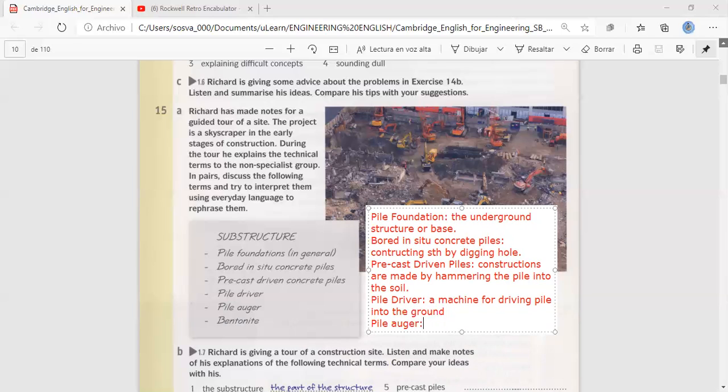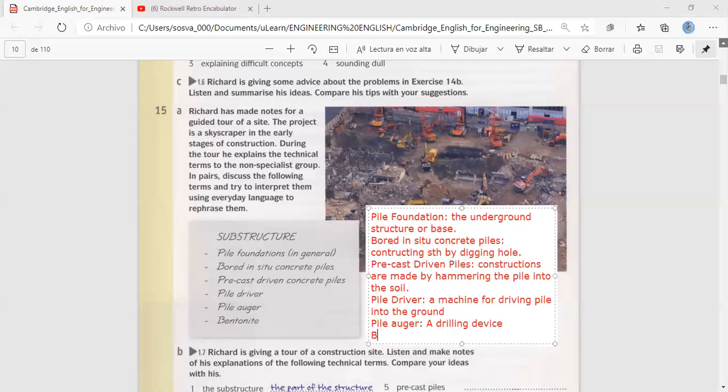Use it for no impact, I mean, access to the surface or drilling. Yes, a drilling device. In colloquial words, it would be a pile auger, a drilling device.